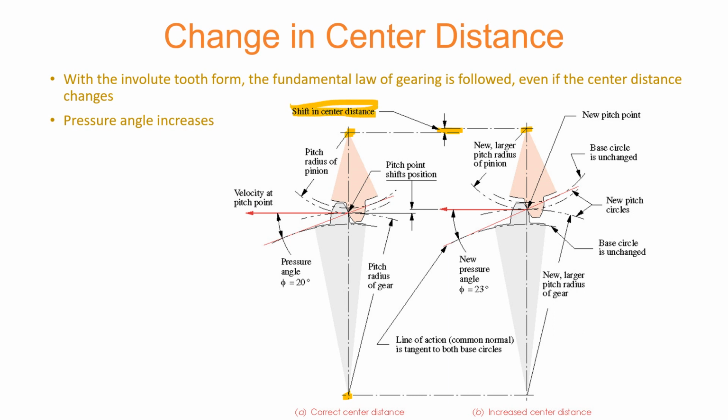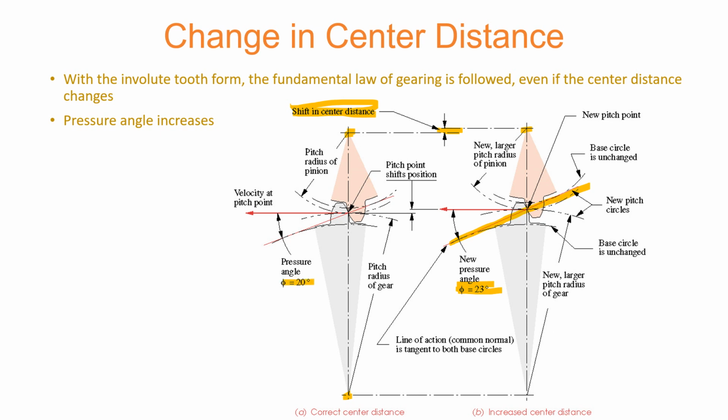Now, when we do that, what happens is that the tangent line or the common normal is going to pass through the pitch point at a different angle. So the pressure angle is going to be a bit different, a bit bigger in precise terms, than was the case previously.